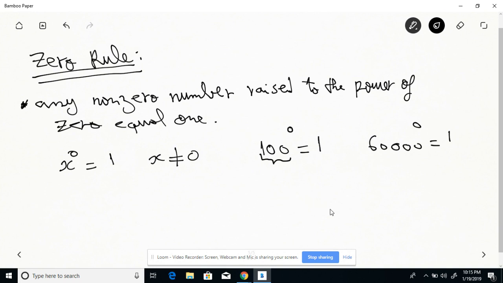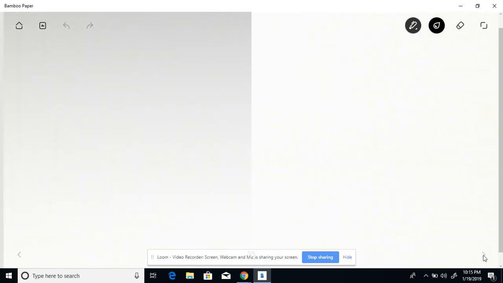Now the last rule is the negative exponent.